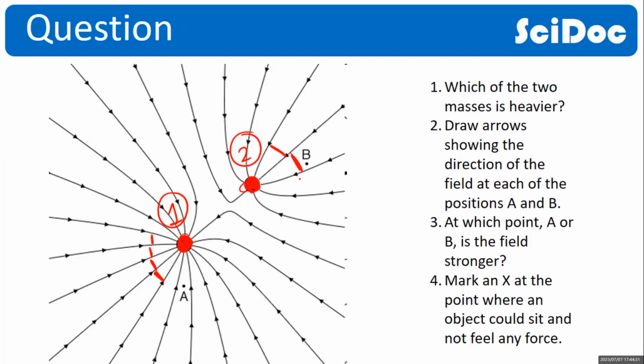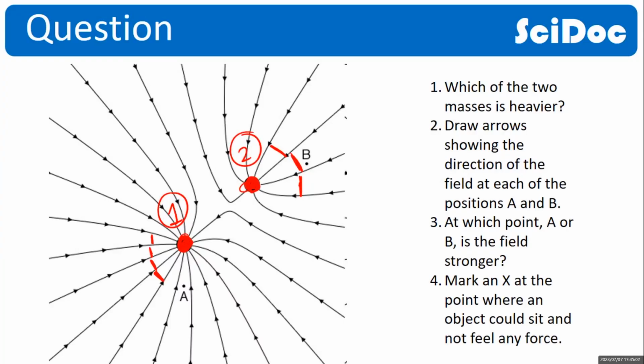So we can easily say that mass number one is more massive. It is heavier because the field lines are close to each other, and it will have greater gravitational force and a greater gravitational field around it. And mass number two will have a smaller gravitational field around it.